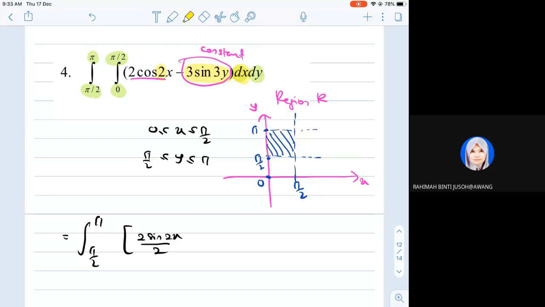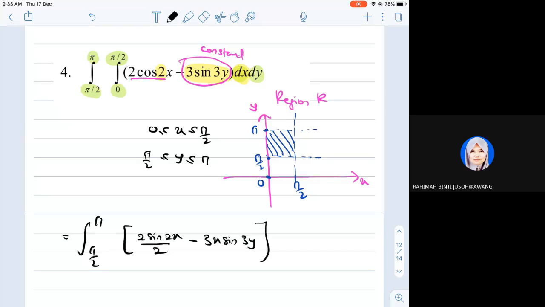Now the second term, integrate 3 sin 3y with respect to x. Earlier I reminded you that 3 sin 3y becomes a constant. So what does it become, guys? When you integrate a constant, 3x sin 3y. Yes, you have to multiply the constant with x. So you just copy 3 sin 3y and multiply by x. So it becomes minus 3x sin 3y, like this.